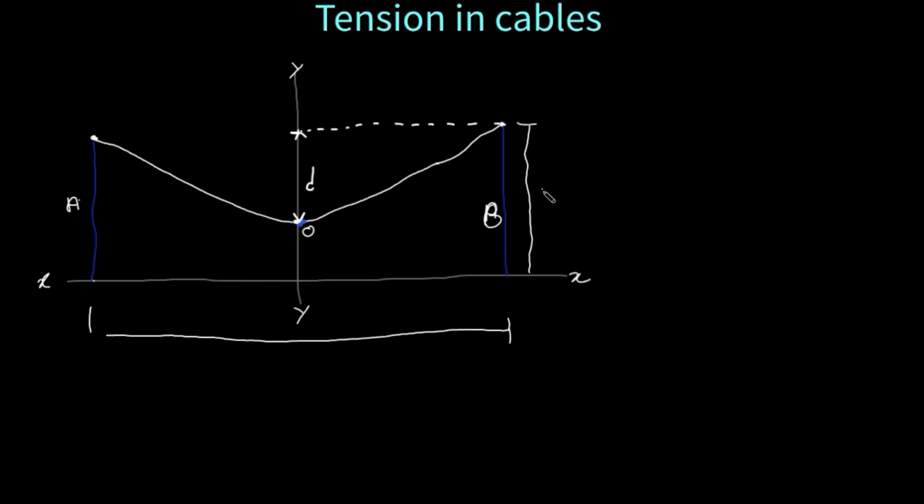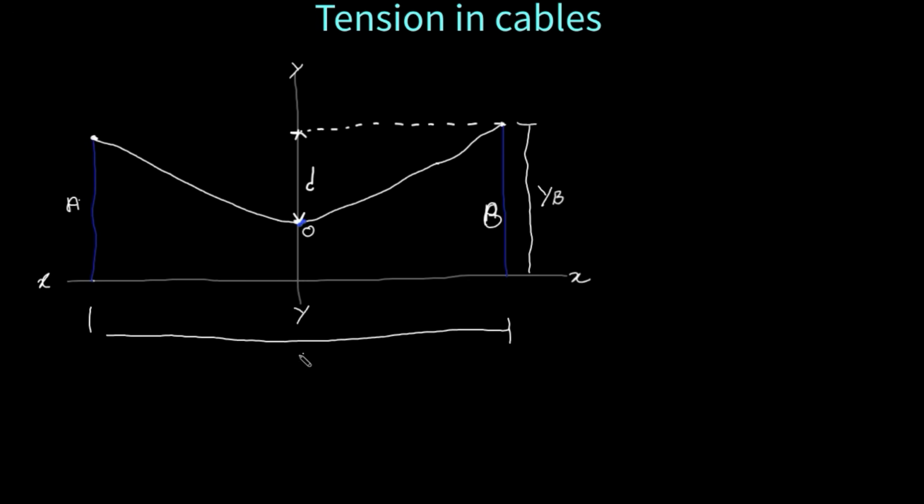The distance of the tower, we are going to say this is YB. Obviously the other one is going to be YA because that one is A and this one is B. I'm going to use one side because they are the same.